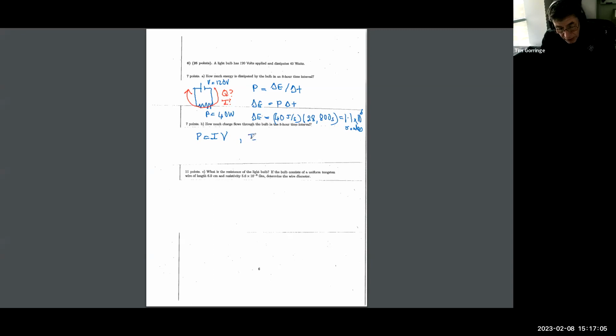So I can rearrange this for the current. The current is going to be the power divided by the voltage. It's 40 watts divided by 120 volts, which is 1/3, or 0.33, and the units of current are amps.